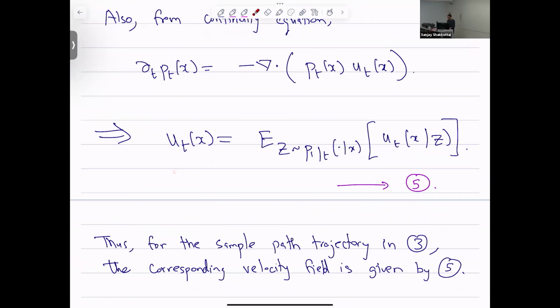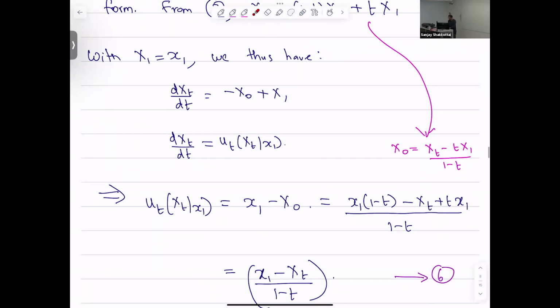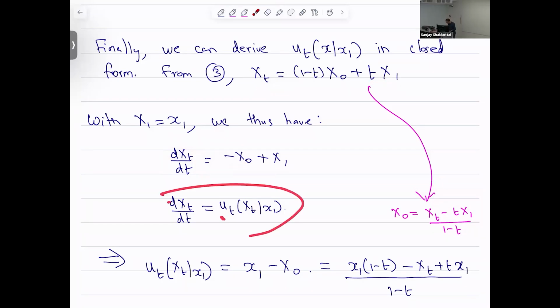So this is what ut is. No, ut given z. Okay, here it is. Here's the derivation. So this is your trajectory. d by dt of this is x1 minus x0. But this by definition is ut of xt given x1.